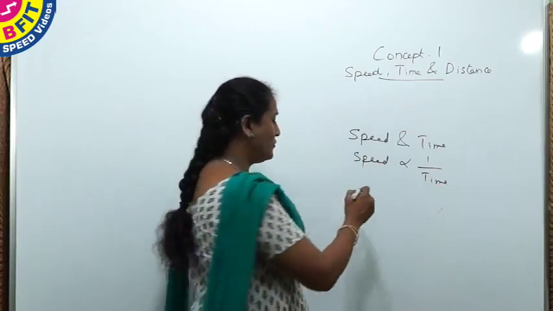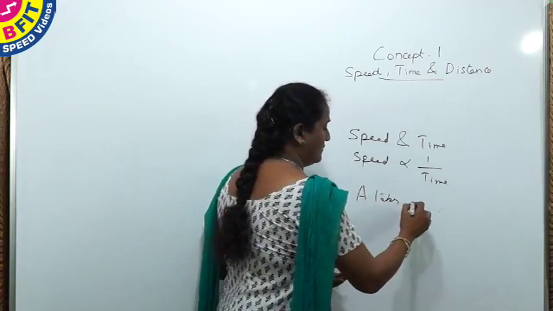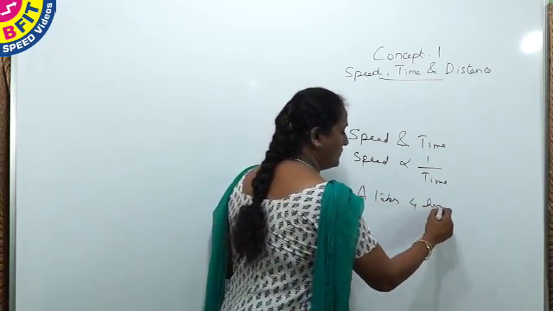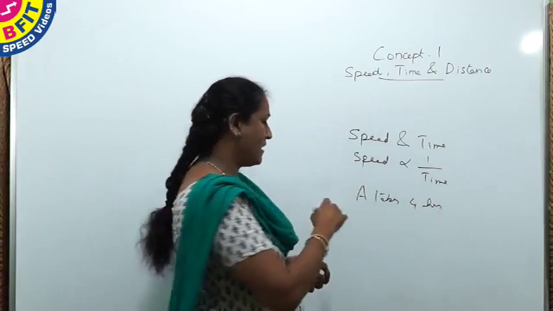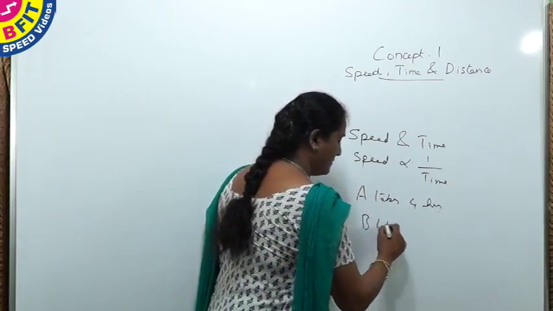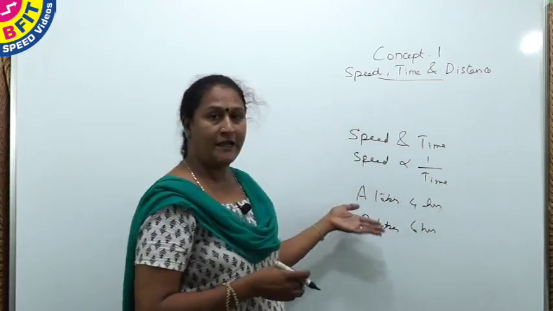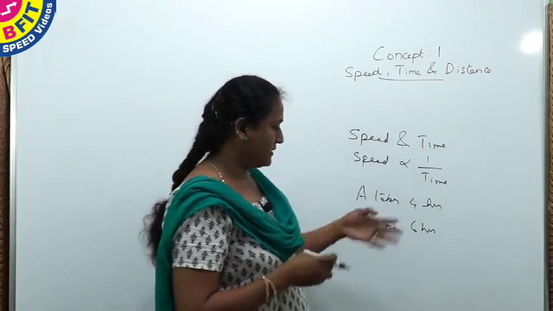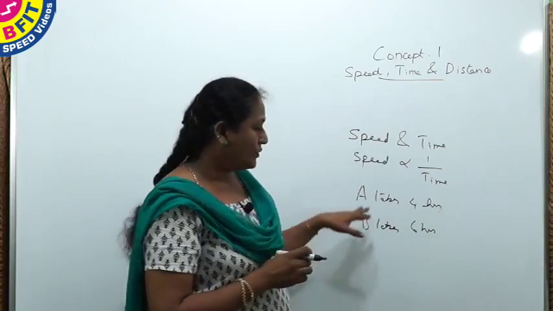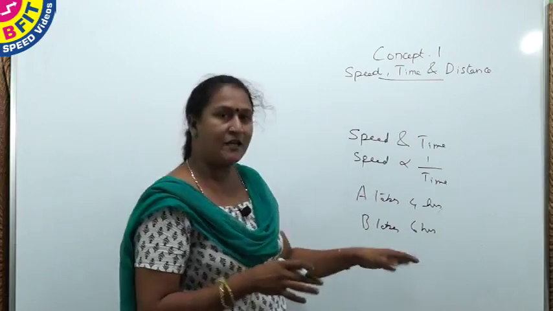Say suppose two moving bodies, A takes 4 hours to reach a place, and B takes 6 hours to reach the place. So here A takes 4 hours and B takes 6 hours. To cover the same distance, who has taken more time? B has taken more time.